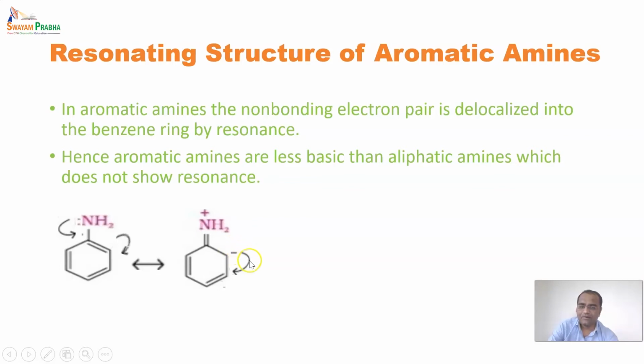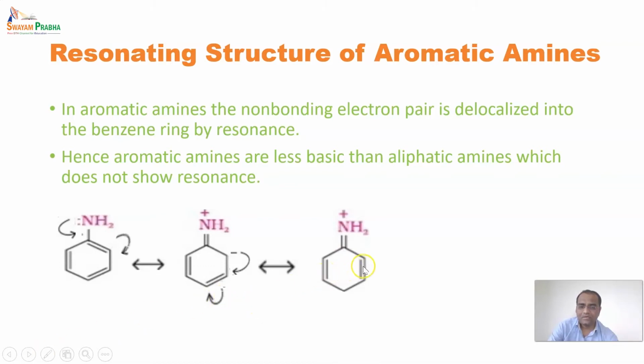A negatively charged carbon will again shift an electron towards a further carbon, and it will break the pi bond between the meta carbon and the para carbon. So this cycle will continue. After that, again the double-headed arrow shows a resonating structure.